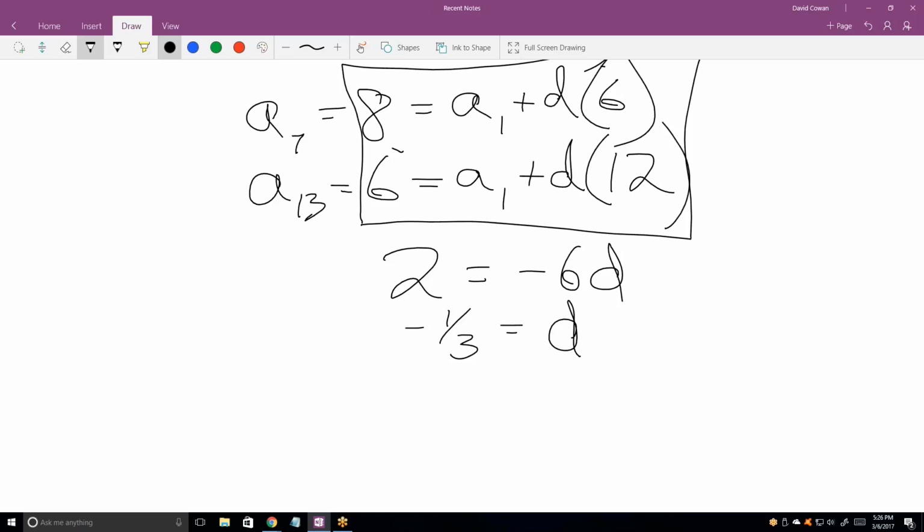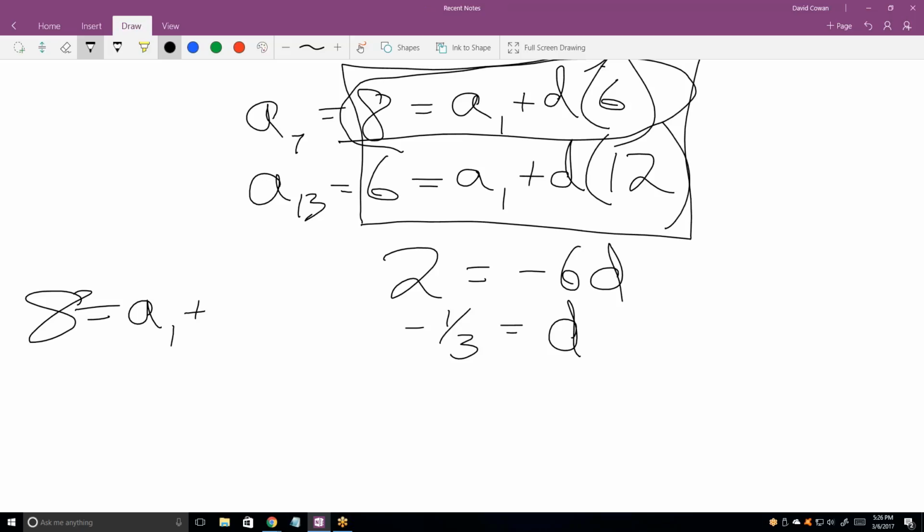Now I can go back up into either equation and solve for a sub 1. In other words, if d equals minus 1/3, then 8 equals a sub 1 plus a minus 1/3 times 6, which is minus 2, so a sub 1 equals 10.